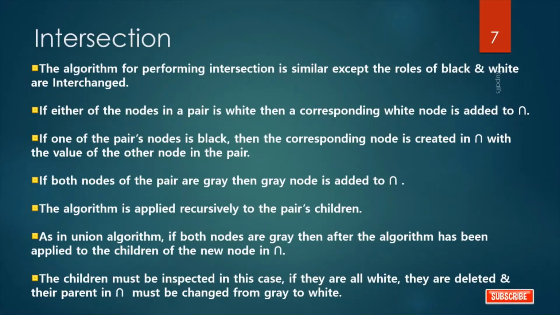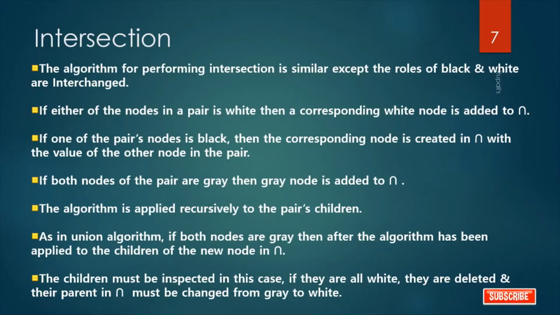That is, if either of the nodes in a pair is white, then a corresponding white node is added to intersection. If one of the pair's nodes is black, then the corresponding node is created in intersection with the value of the other node in the pair. If both nodes of the pair are gray, then a gray node is added to intersection. The algorithm is applied recursively to the pair's children. As in the union algorithm, if both nodes are gray, then after the algorithm has been applied to the children of the new node in intersection, the children must be inspected.